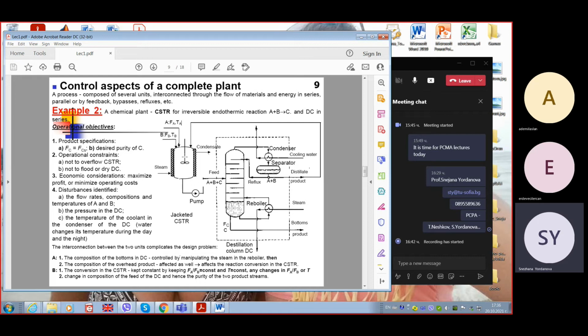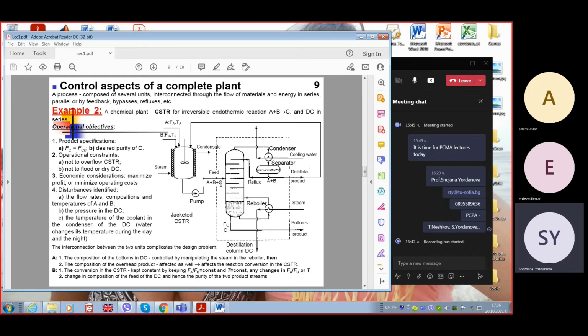So a reaction takes place, but not only the new product C is present; part of A and B are also present in the output, which is pumped. So we have to separate reagents A and B from the final product C, which is expensive, and how do we separate? We separate in a distillation column.